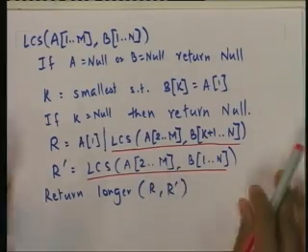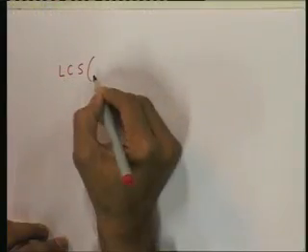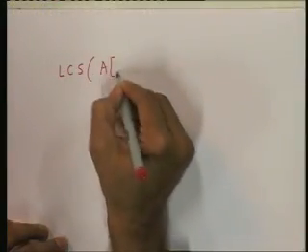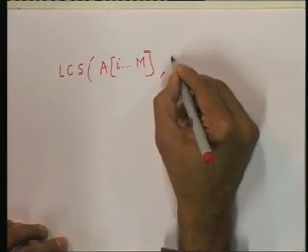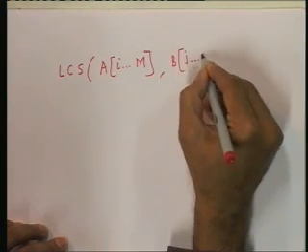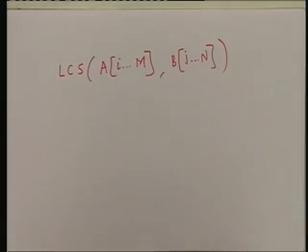And if you recurse again, this property is going to stay the same. So, the key idea is that when we recurse, all calls which are going to be made are going to have the form LCS of A of i to m, B of j to n, where i and j could be anything.